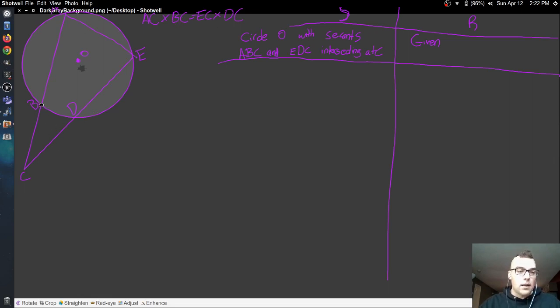And it might be clear to you that I could then draw in this line segment to have this small triangle here. So that's going to be what I'm going to do for my next step. I'm going to say that I need to draw AE and BD. And my reason there is by construction again. It's saying do this because it's going to allow me to prove stuff. By construction.